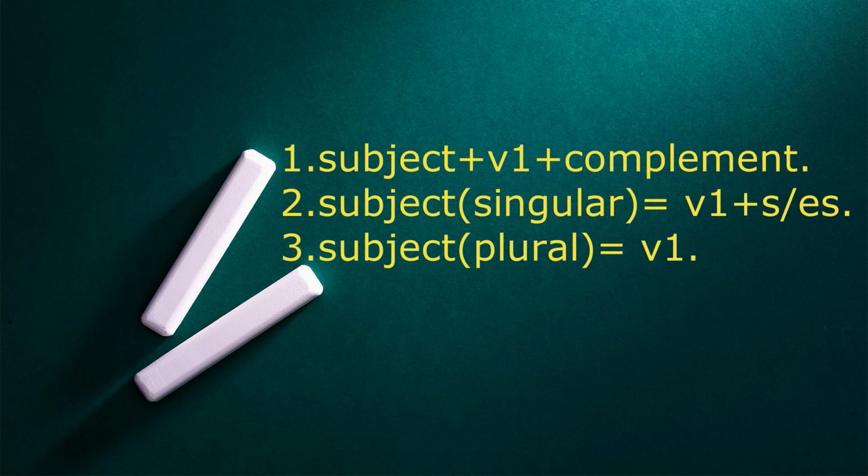V1 means base form of the verb. Second point, if the subject is singular, we use s or es with the base form of the verb. Third point, if the subject is plural, we use only the base form of the verb.